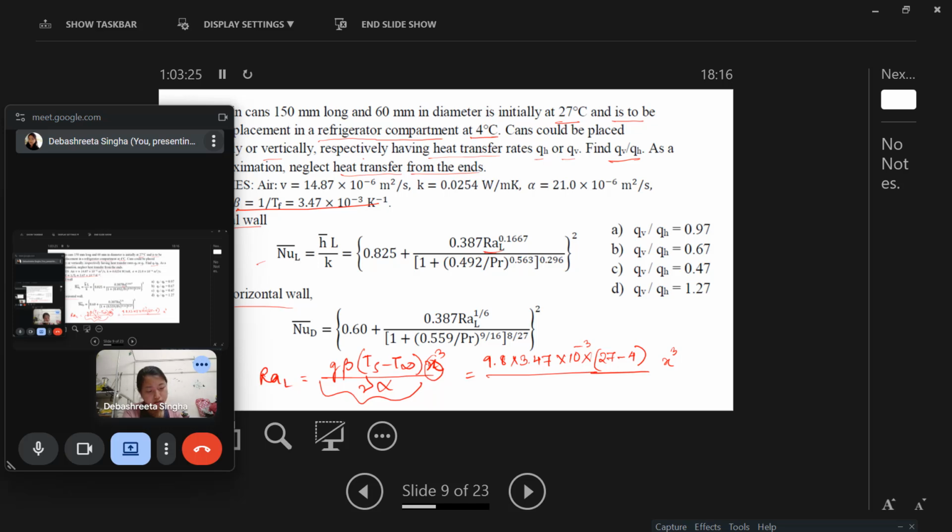Mu is 14.87 into 10 to the power minus 6, into alpha is 21 into 10 to the power minus 6. So if we calculate all these, we can get the Rayleigh number as 2.5 into 10 to the power 9 into x cube.